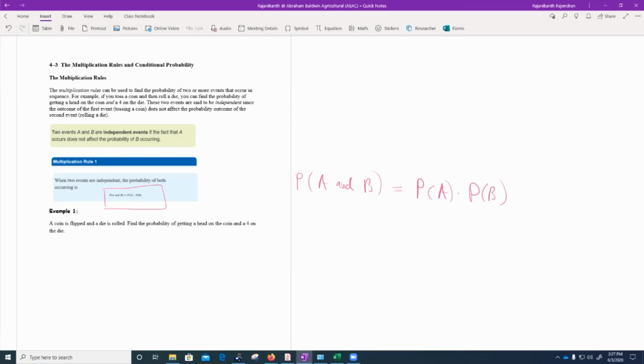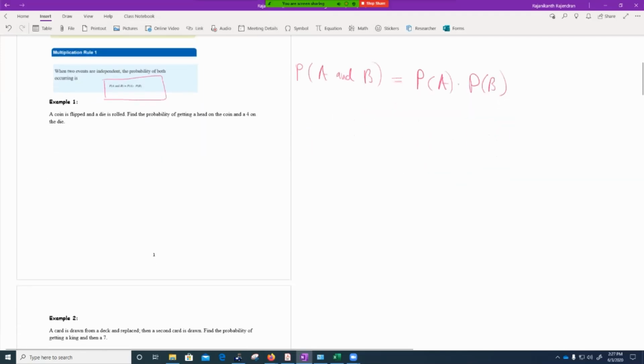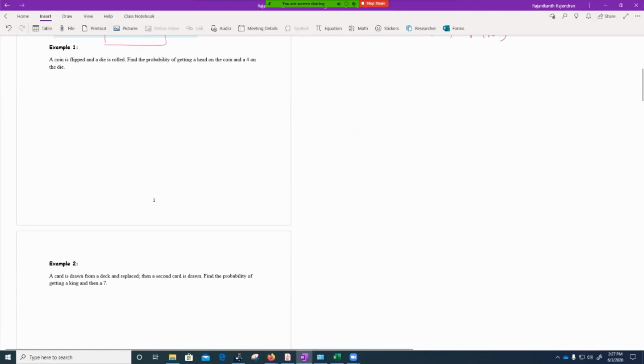So let's look at this example one. A coin is flipped and a die is rolled. So basically there are two experiments being done. Find the probability of getting a head on the coin and number 4 on the die. Well, before doing this, ask yourself what the two events mentioned here are.